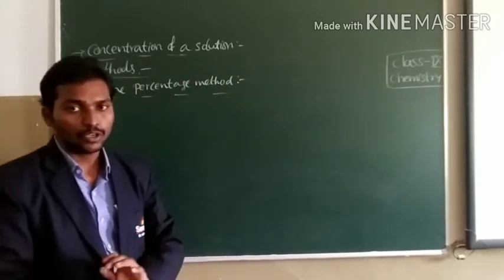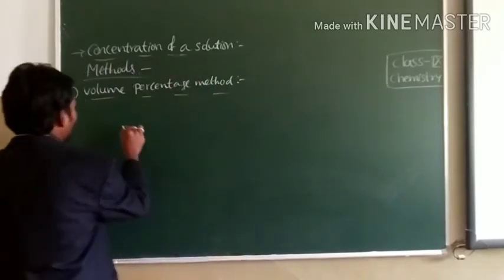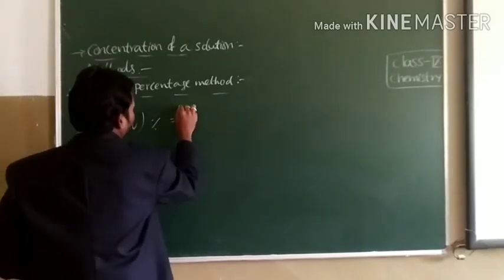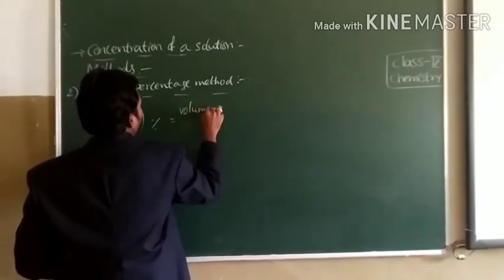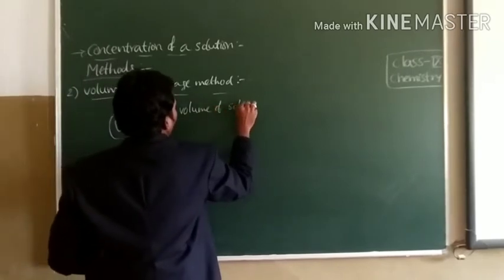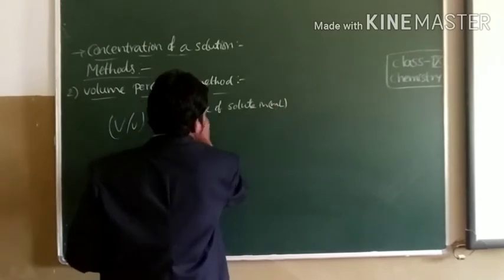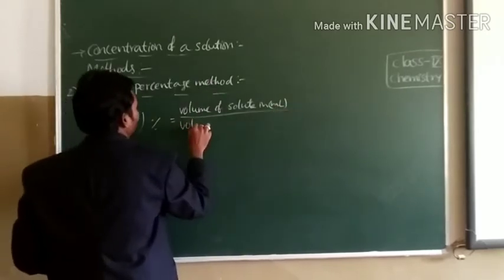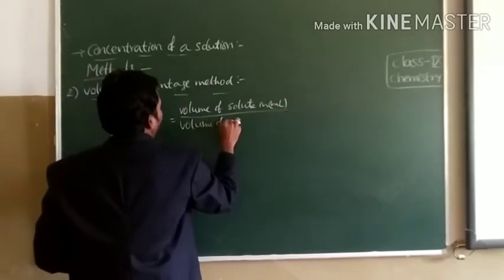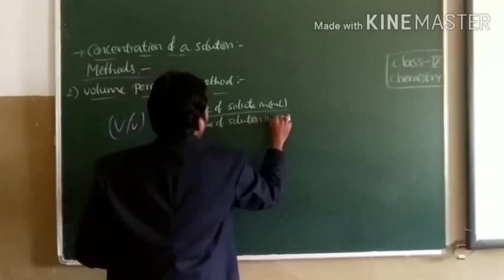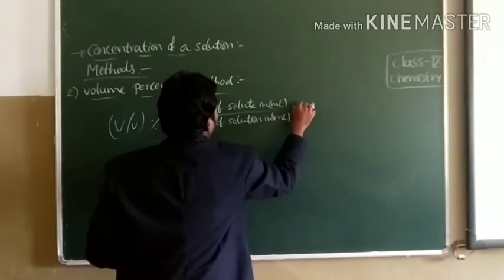The formula of volume percentage method is equal to volume of the solute in ml and the volume of the solution in ml into 100.